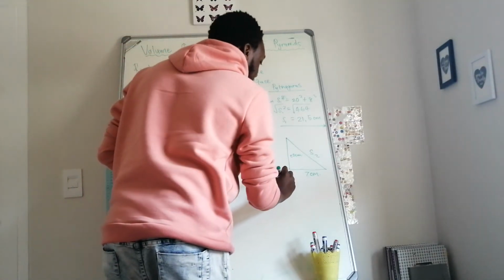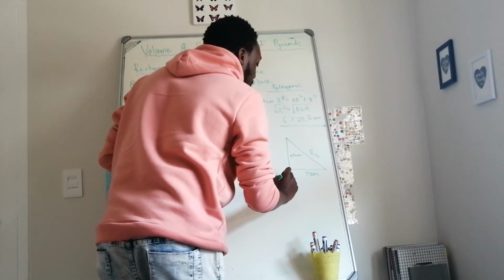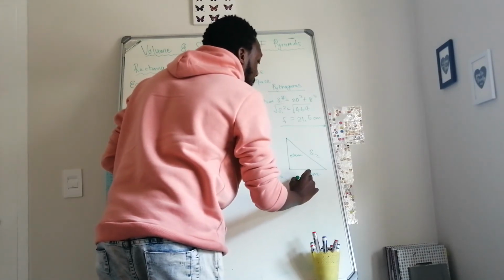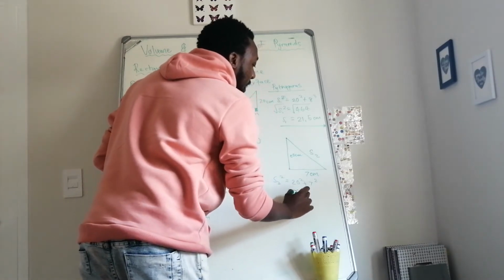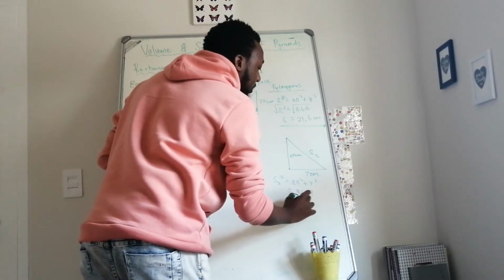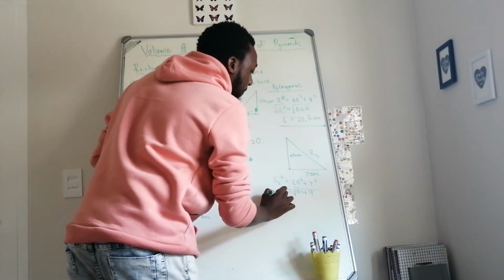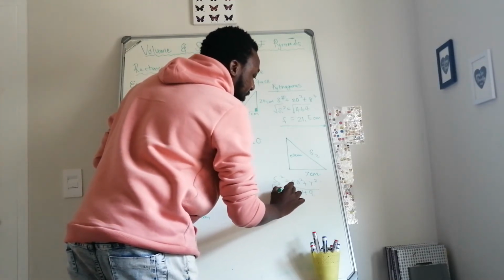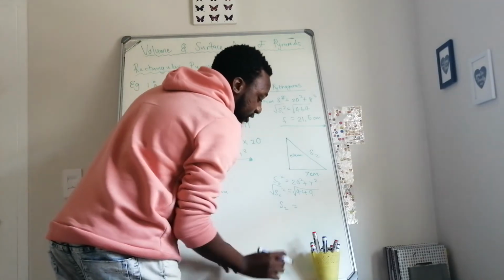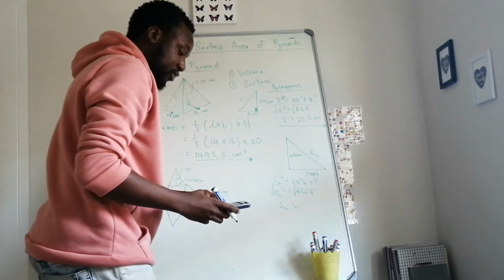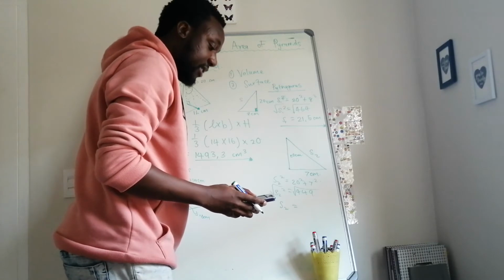Do the same thing. s2 squared is equal to 20 squared plus 7 squared. This is just 449. You square root that because I'm looking for s2. And so s2 comes out as square root of 449.